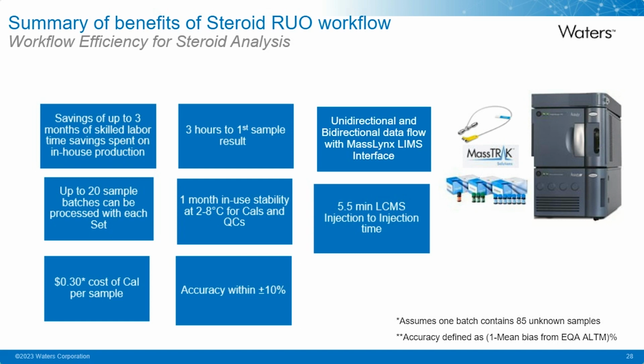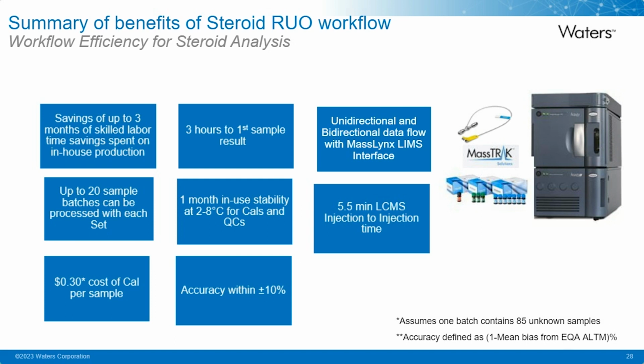So depending on your throughput, you could end up using 1 set for every 1 or 2 months of analysis. The overall cost per sample for the calibrator is around 30 cents or 20 pence, depending on where you're coming from around the world. It's up to 3 hours to first sample result.